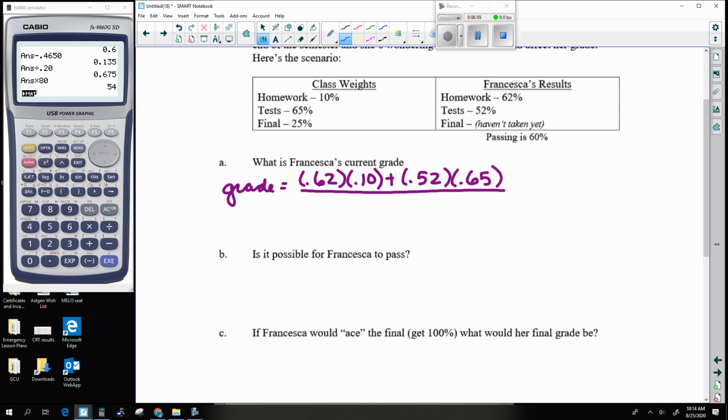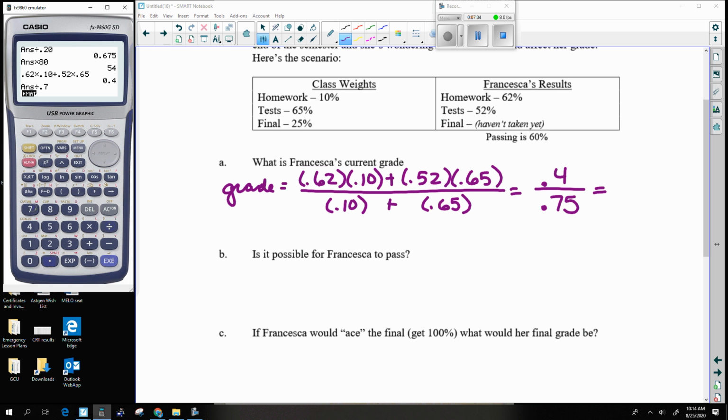We haven't taken that yet. All right, the denominator is 0.75. Ooh, 53%.